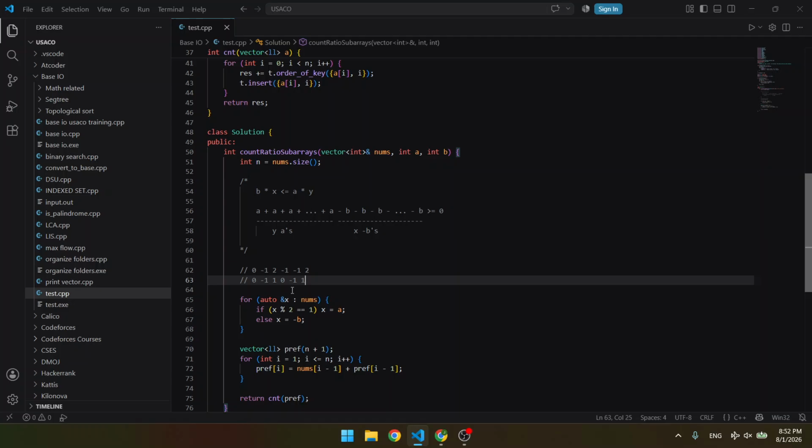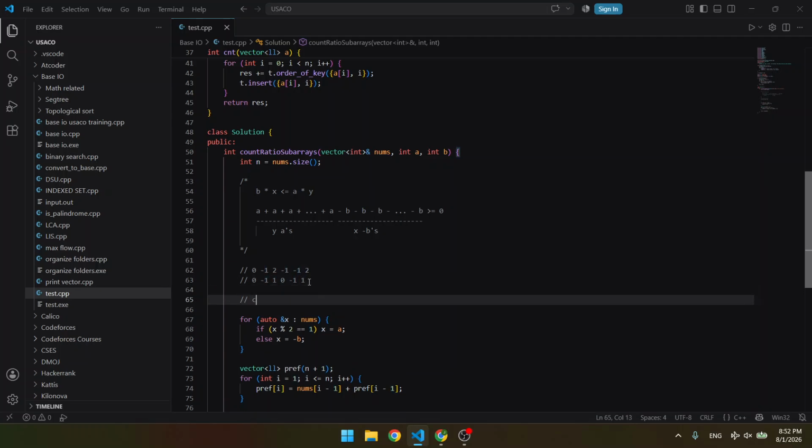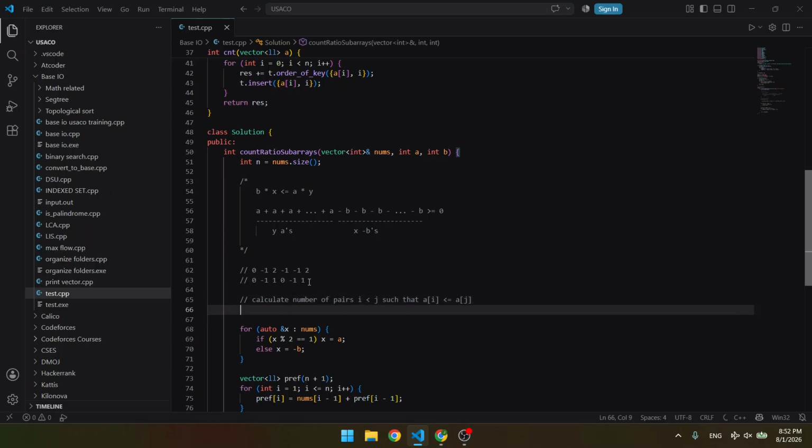So now you just calculate the ones with non-negative sum. So basically, calculate the number of pairs i less than j such that ai is less than or equal to aj.